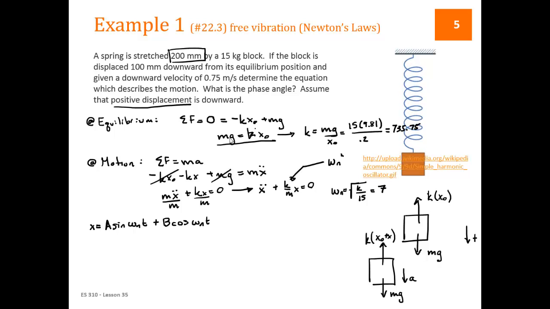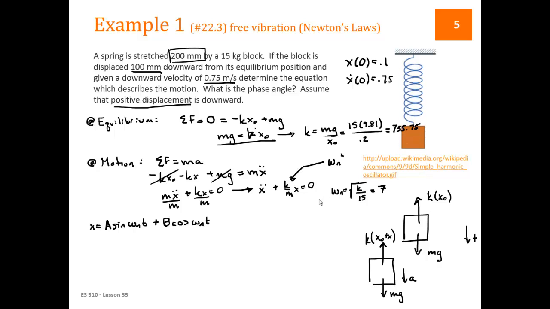We're going to apply the initial conditions. They tell us that initially the displacement x is 100 millimeters, so x at time equal to 0 is 0.1. And the speed, x dot at time equal to 0, is 0.75.